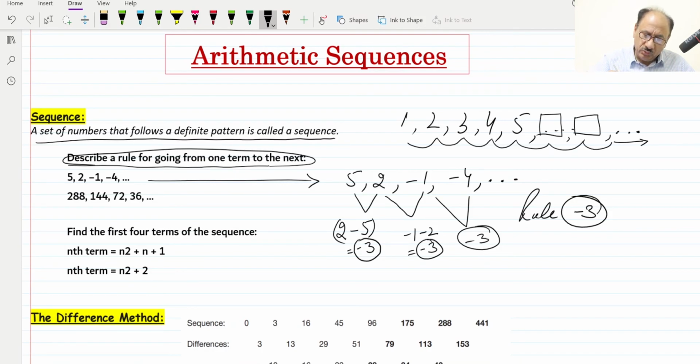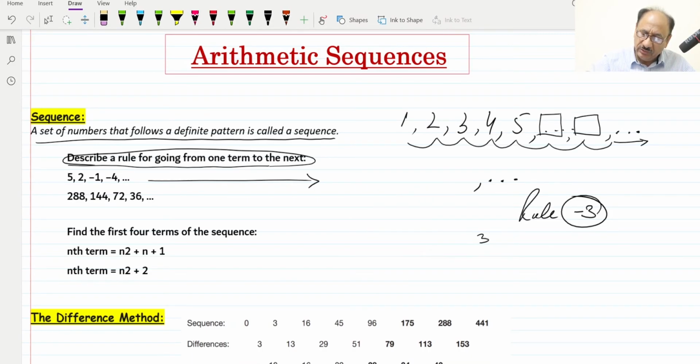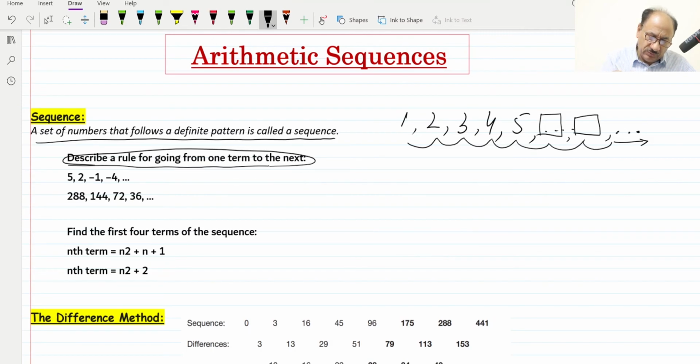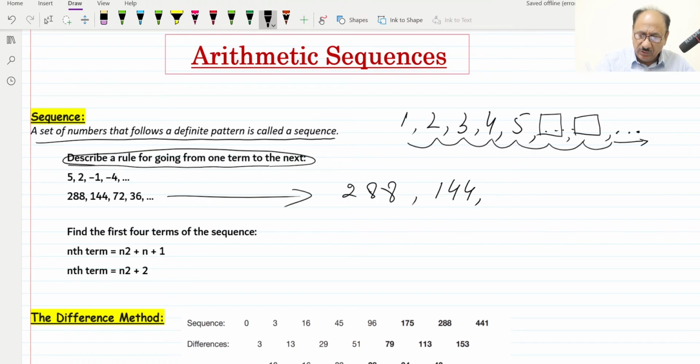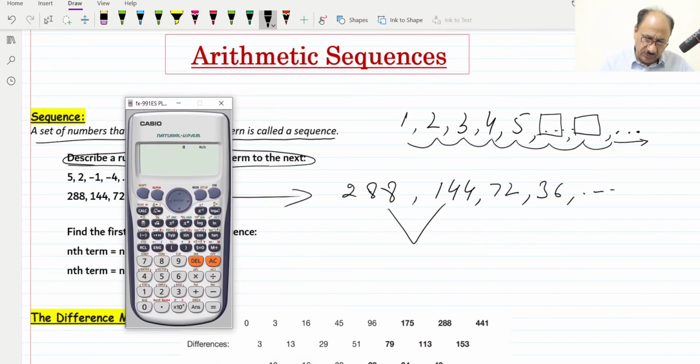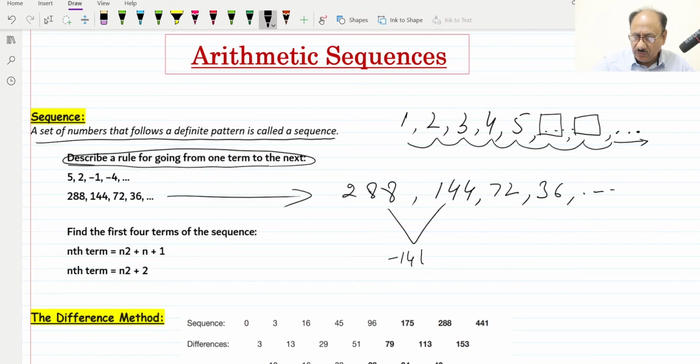Similarly, the next part, which is written for your explanation here, is 288, and the second term is 144, then 72 and 36 and so on. So let us subtract and check: 144 minus 288 is equal to -144.